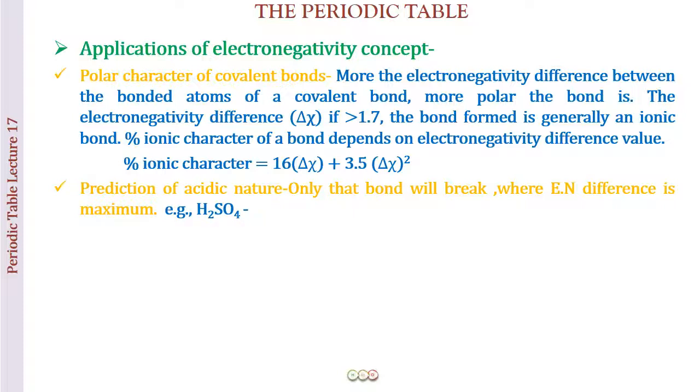So the second application of the electronegativity concept is going to be the prediction of the acidic nature. Now what is an acid first of all? Well, from the definitions that you have already done in your junior classes, though you will be learning more definitions of how to define an acid later on in class 11th itself, the definition of an acid is that it is one which furnishes H ions in the aqueous solution.